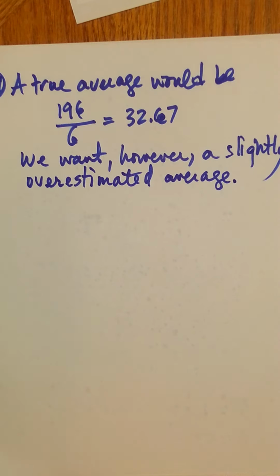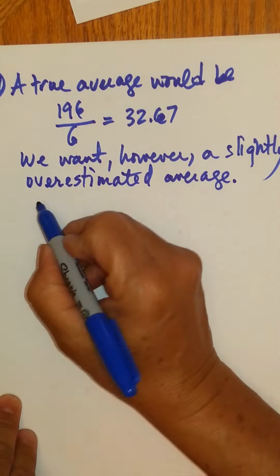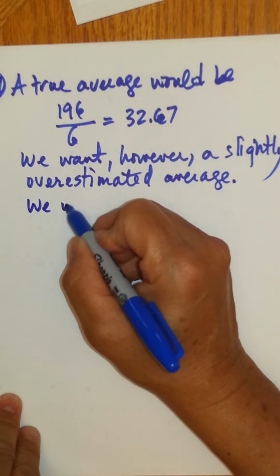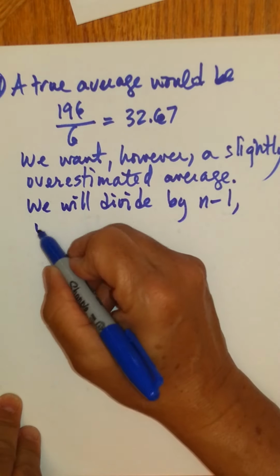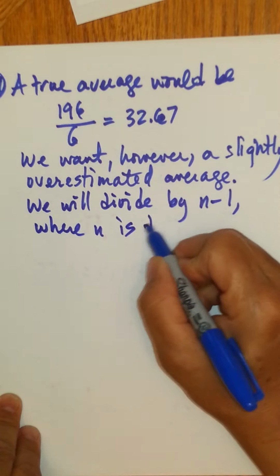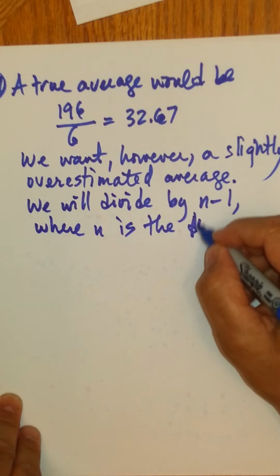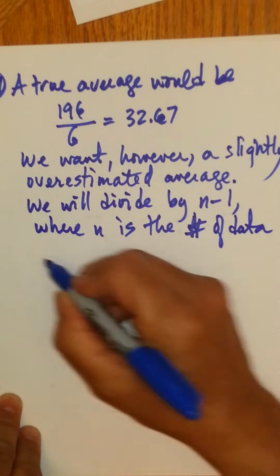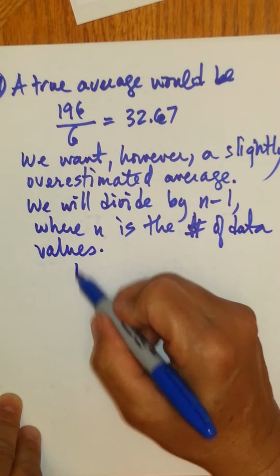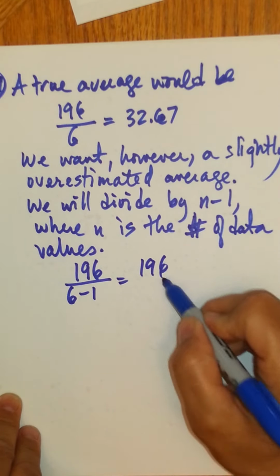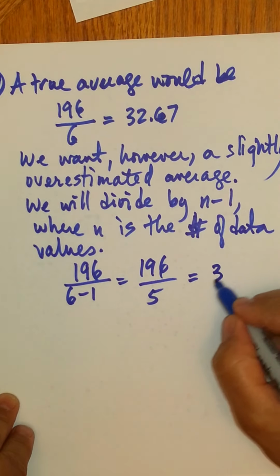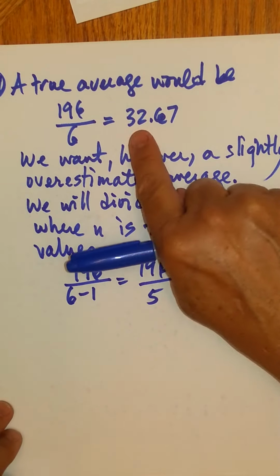Why? Because we'd want to err on the side of caution. We would rather say that the spread is a little larger than it is, just to be safe. So to do this, to overestimate, we will divide by n minus 1, where n is the number of data values. Okay, so we're going to take 196 and divide it by 6 minus 1, which is 196 divided by 5. And here you're going to get 39.2. Okay, notice it's a little higher.